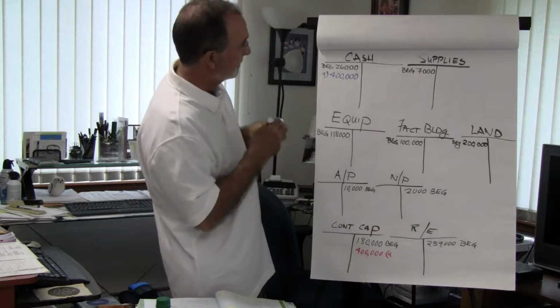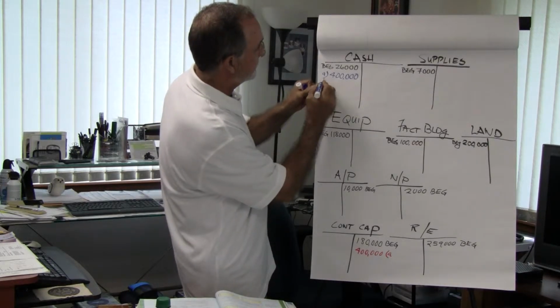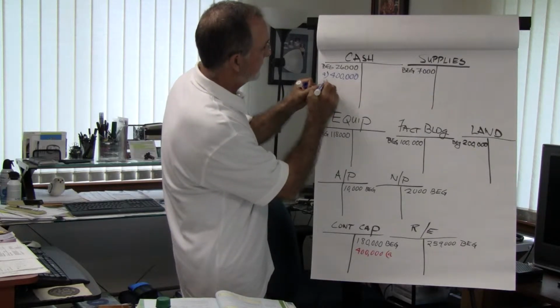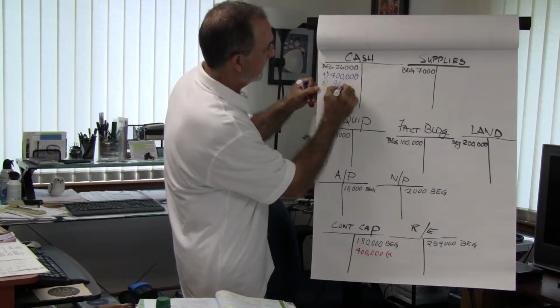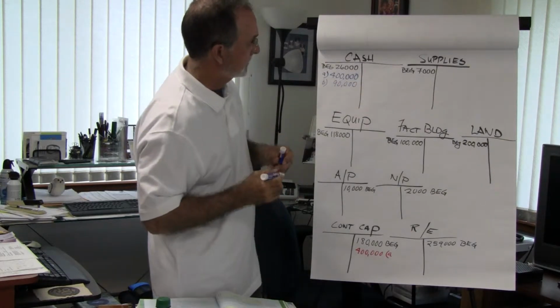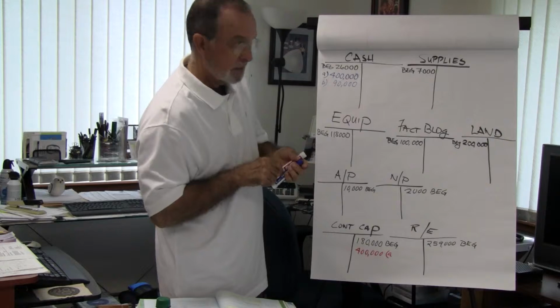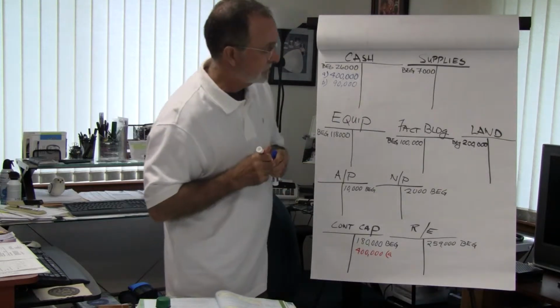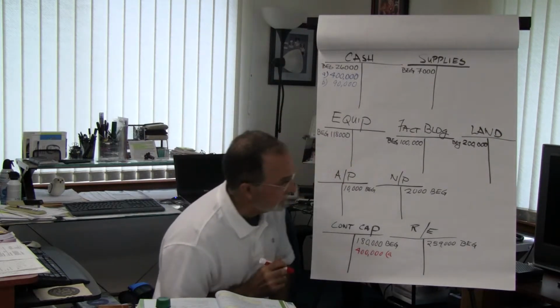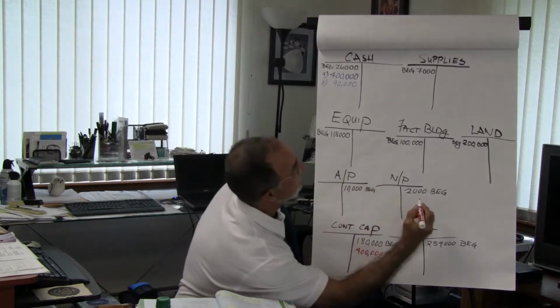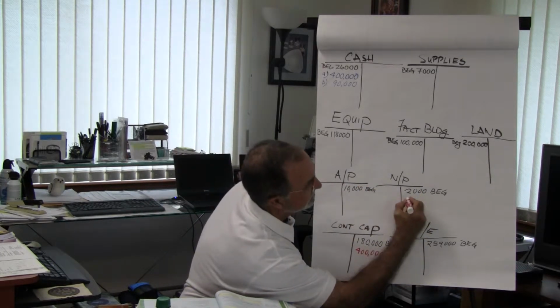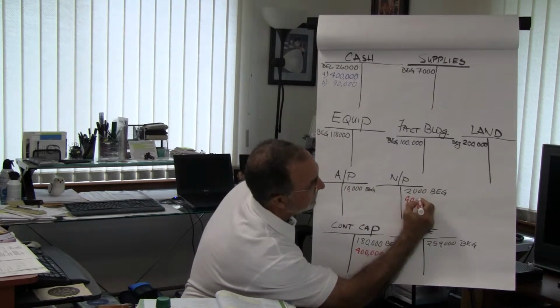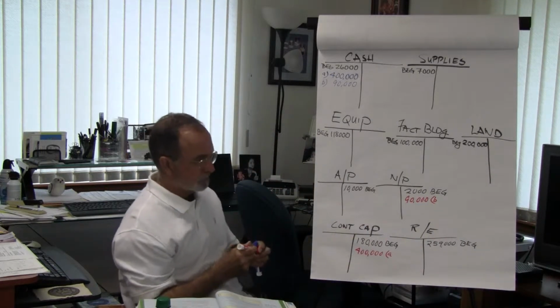So again, we debit, add to cash, transaction B, 90,000 on the left side, and add to notes payable with a credit on the right side, transaction B.